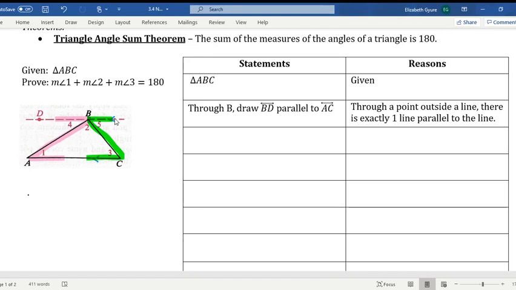Do you guys notice that? Okay, so what we're actually going to have to do is add up some parts separately. The first thing we're going to do is say that the measure of angle DBC equals the measure of angle 4 plus the measure of angle 2, because that's part of our straight angle.